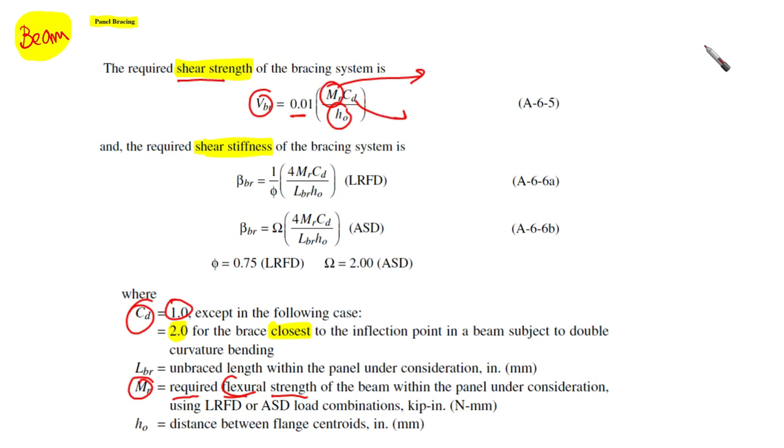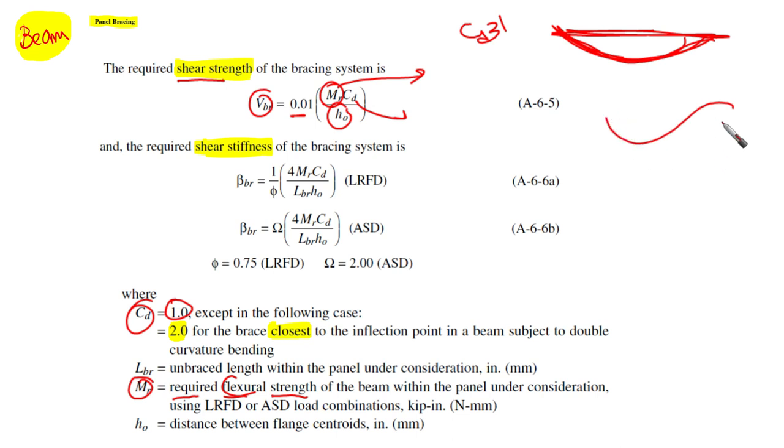If we have a single curvature, then it is okay for the beams in this case to take CD equal to 1. But if we have double curvature, or a point of inflection, and we are going to provide a bracing near it, in this case CD needs to be 2. It equals 2 for the brace closest to the inflection point in a beam subject to double curvature bending.